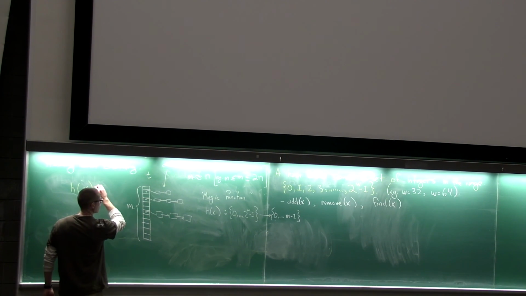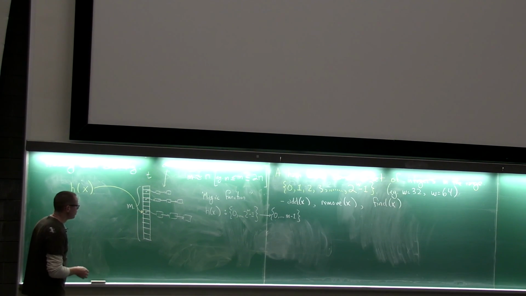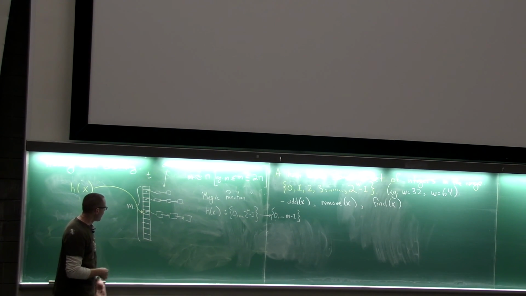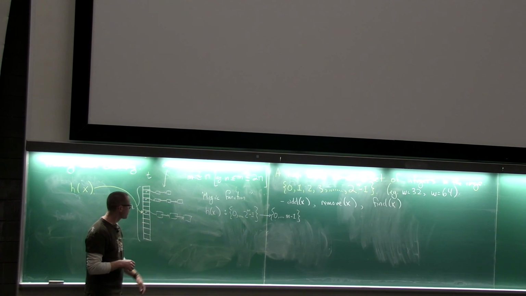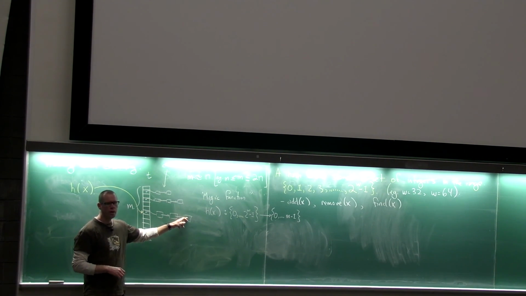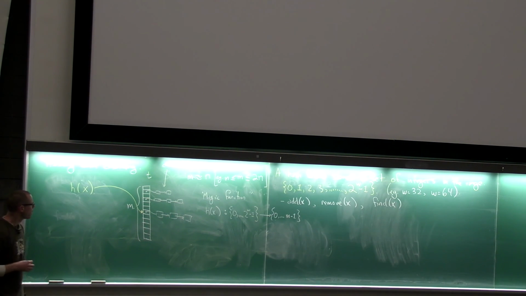So h of x points to, we can treat it as the index of something in this table. And in this table is a chain, and if x is in the table, it's going to be stored in this chain. There's nowhere else that we're allowed to store it. Okay?